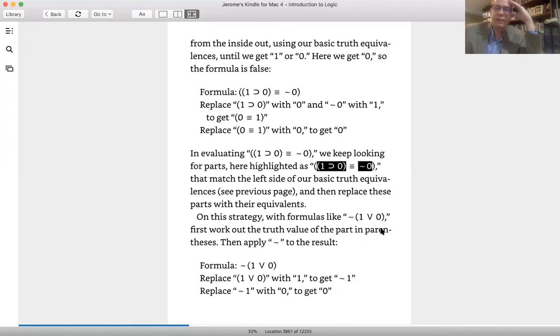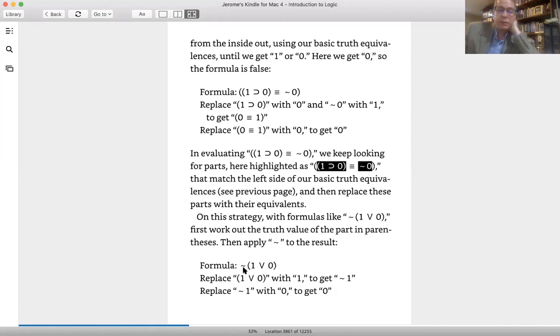We start inside the parentheses. So in this case, it says a true or a false. That's true, right? But the whole thing is false because of the squiggle or the tilde.